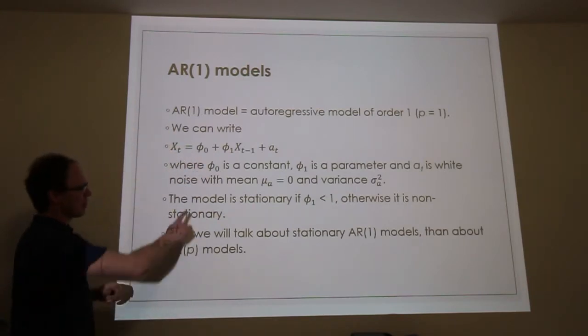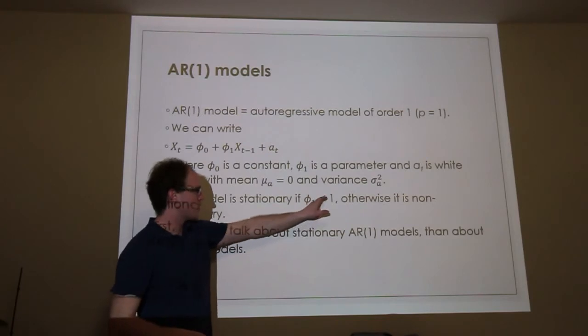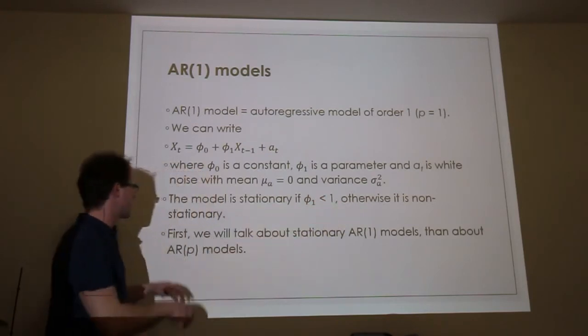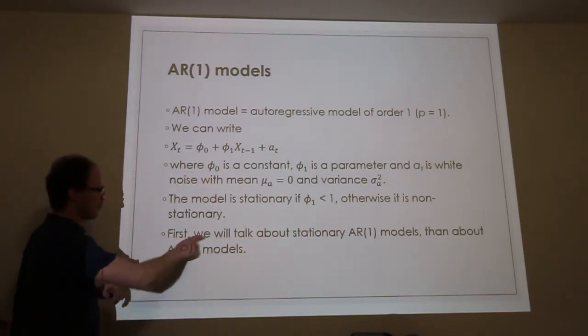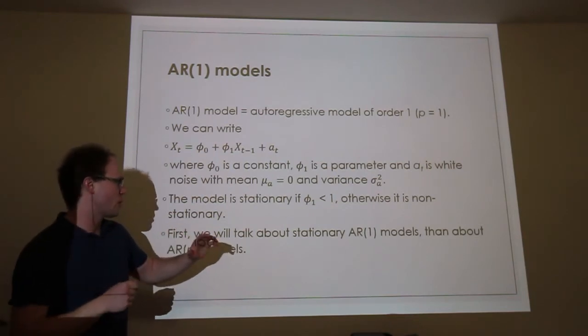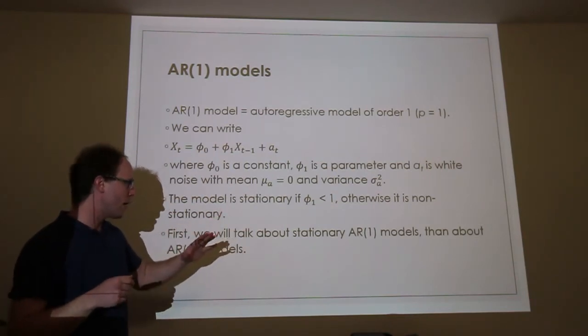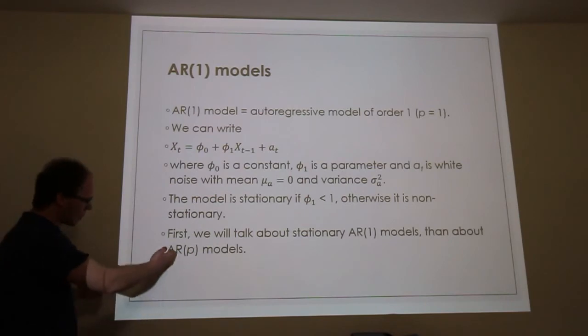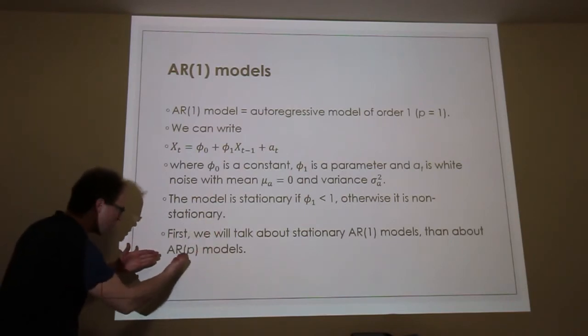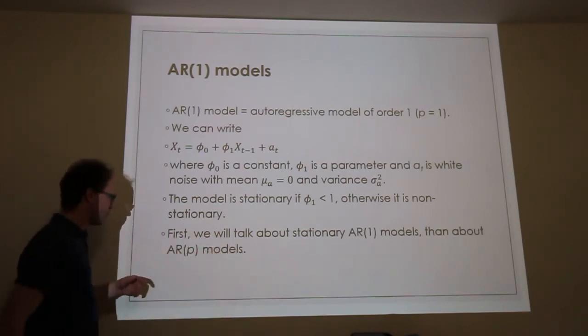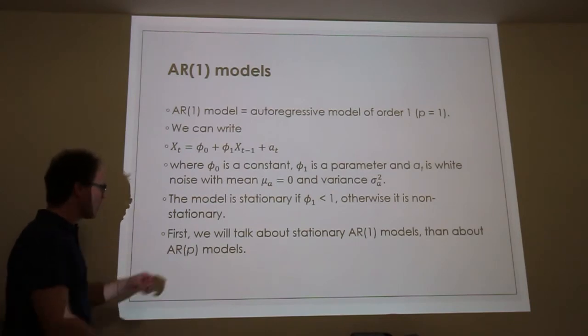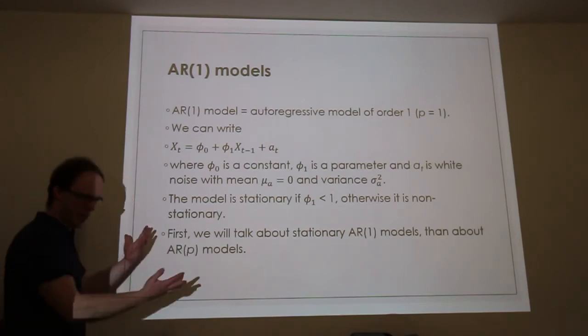So the model is stationary if phi 1 is smaller than 1, otherwise it is non-stationary. First we will talk about stationary AR(1) models, then about general autoregressive models, autoregressive of order p.